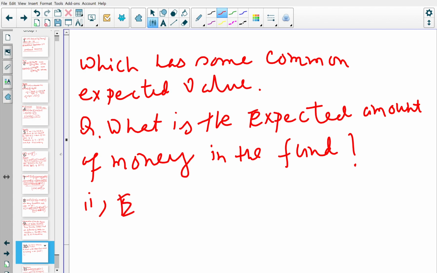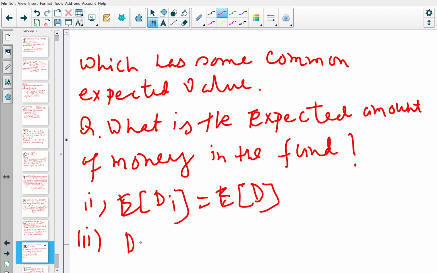The expectation of D_i are the same, equal to expectation of D. Another assumption: the D_i and N are independent.